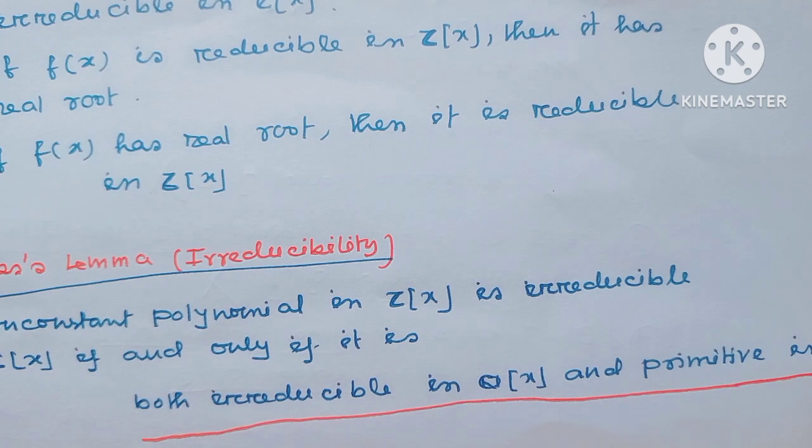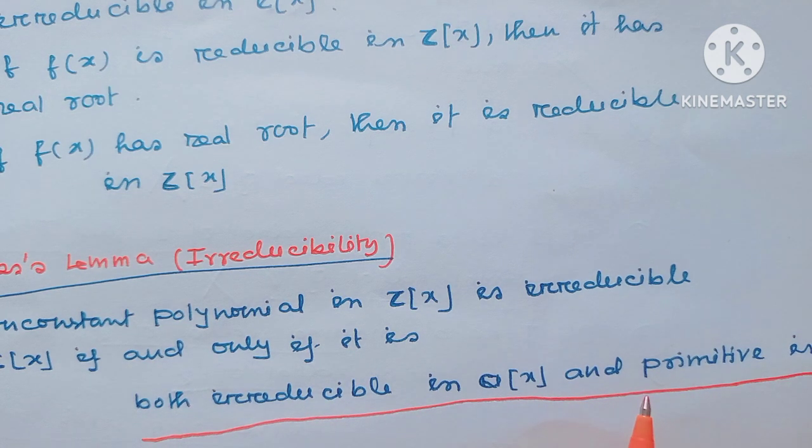When the polynomial is primitive, that means the GCD of the coefficients is 1, then irreducible in Q[x] implies irreducible in Z[x]. But irreducible in Z[x] always implies irreducible in Q[x].